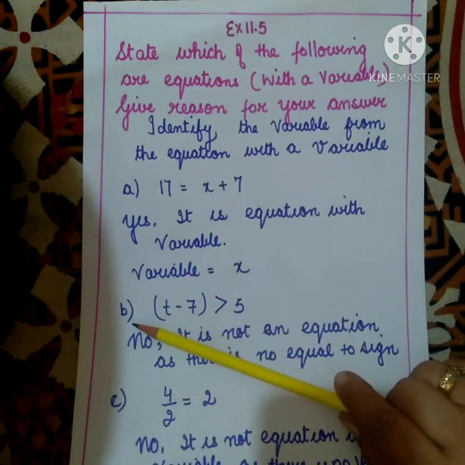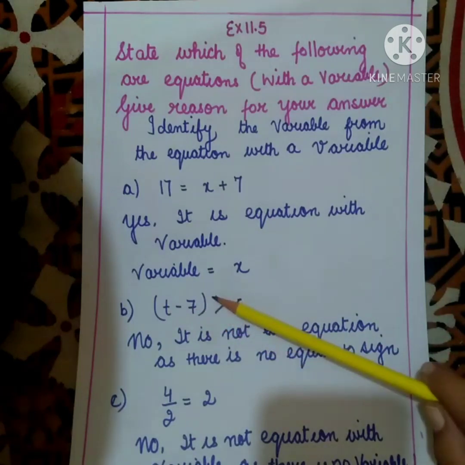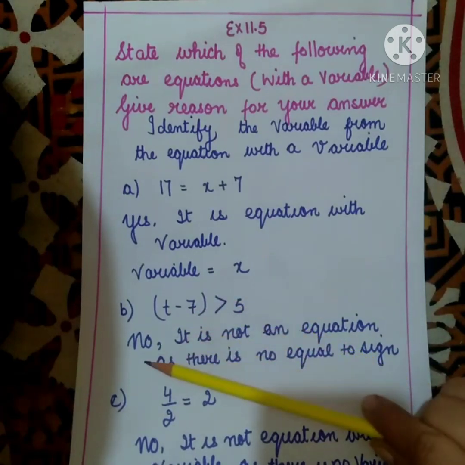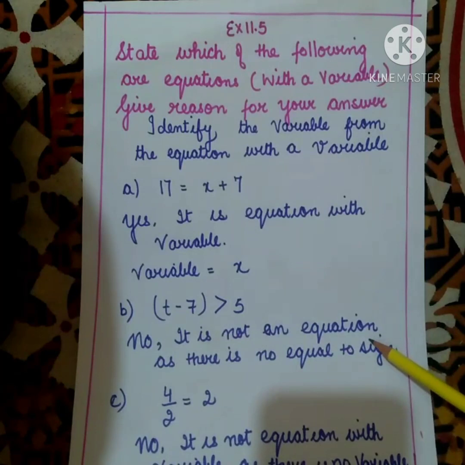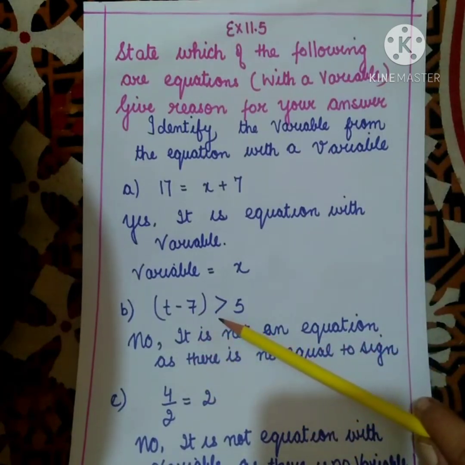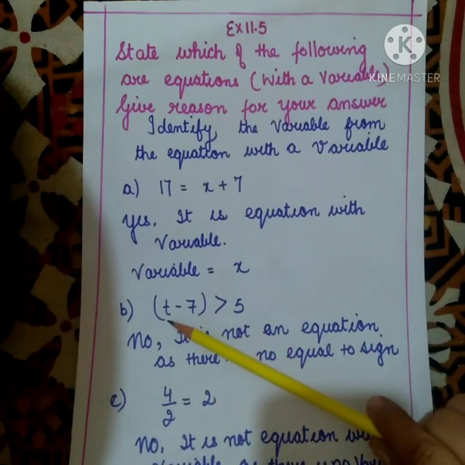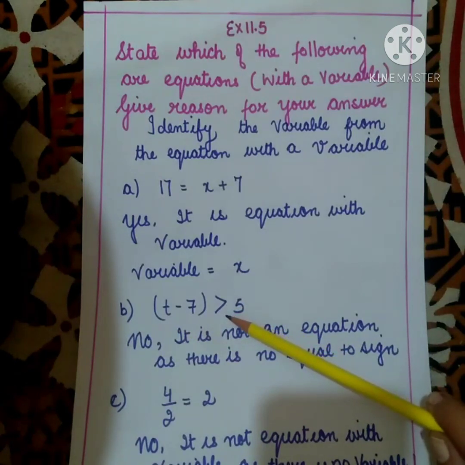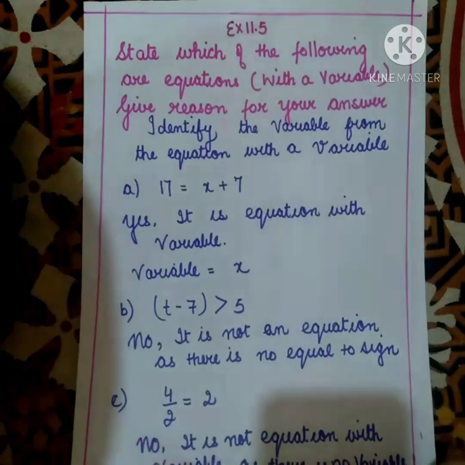Coming to the B part, t minus 7 is greater than 5. No, it is not an equation because there is no equal to sign. There is a variable but no equal to sign, so this is not an equation. Now coming to the C part, 4 upon 2 is equal to 2.